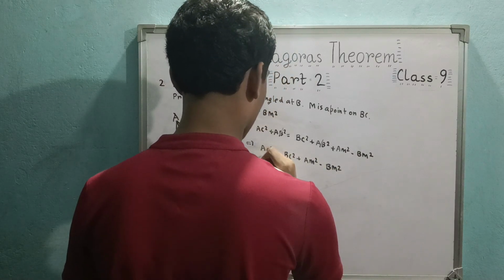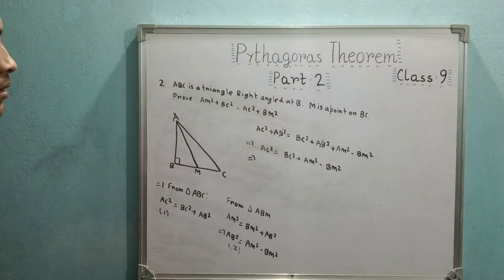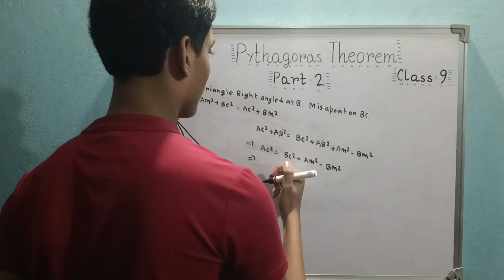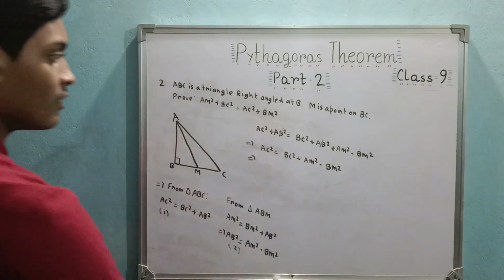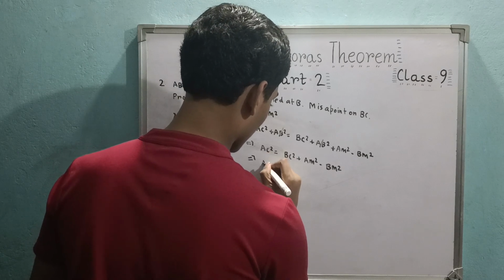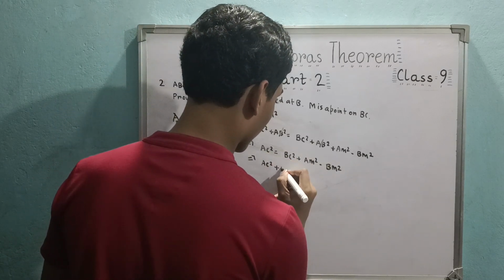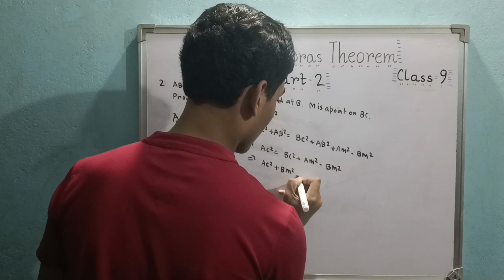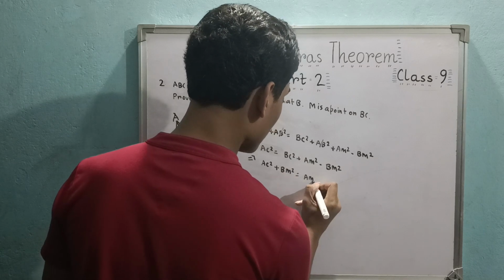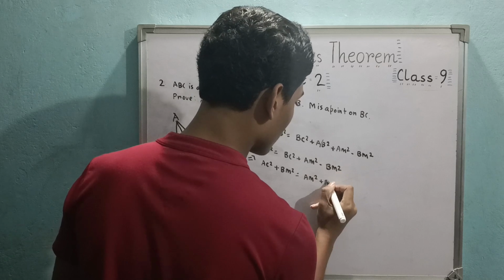Now if I shift minus BM square to this side, plus BM square, equal to AM square plus BC square.